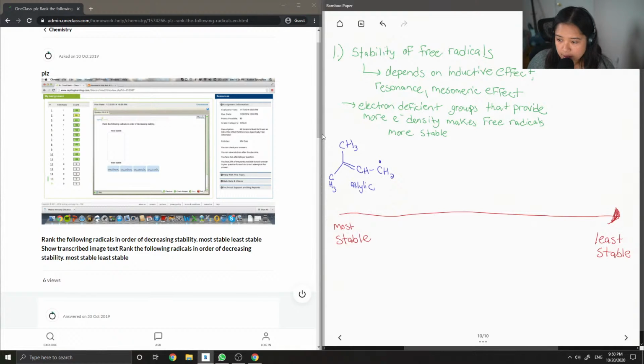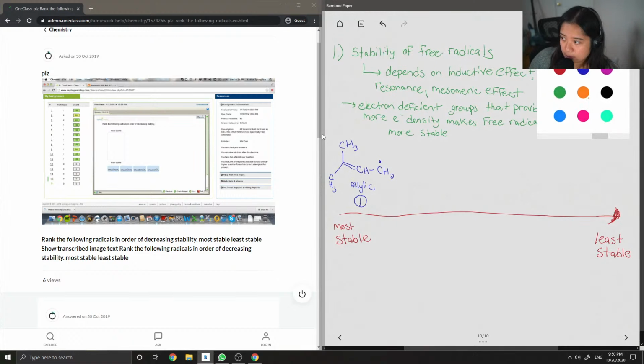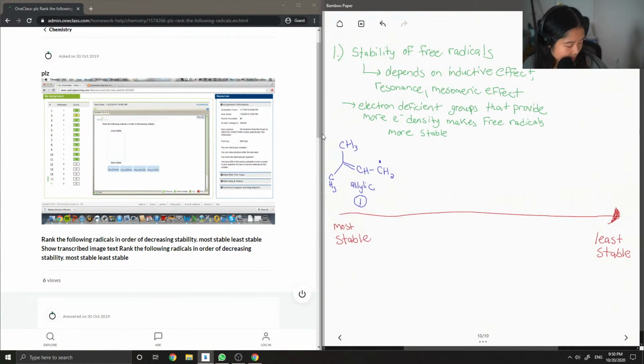And then the second stable are the tertiary free radicals. Let's do it in a different color. It's because I can.